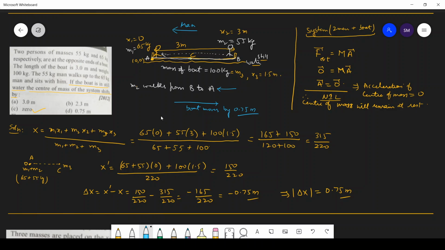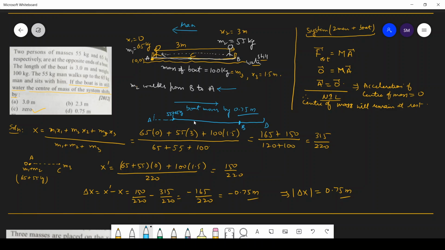Now you can see that this is the new position of the boat. It has shifted from B to D. This is 0.75 and this was your A. Now the boat has shifted here, and both the 55 kg and 65 kg are here.